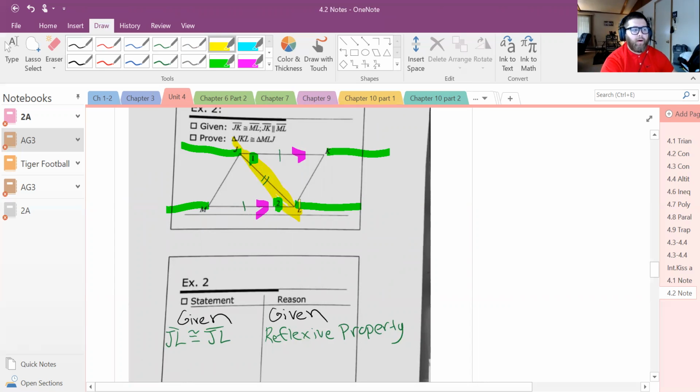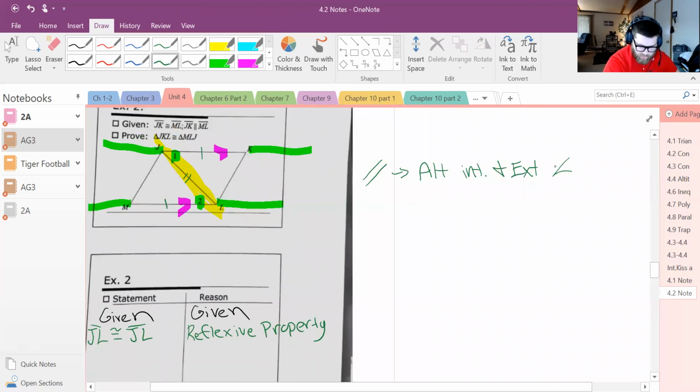What do we know about alternate interior angles? What do parallel lines give us? Parallel lines give us alternate interior and exterior angles congruent. So those parallel lines tell us angle 1 and angle 2 are congruent.